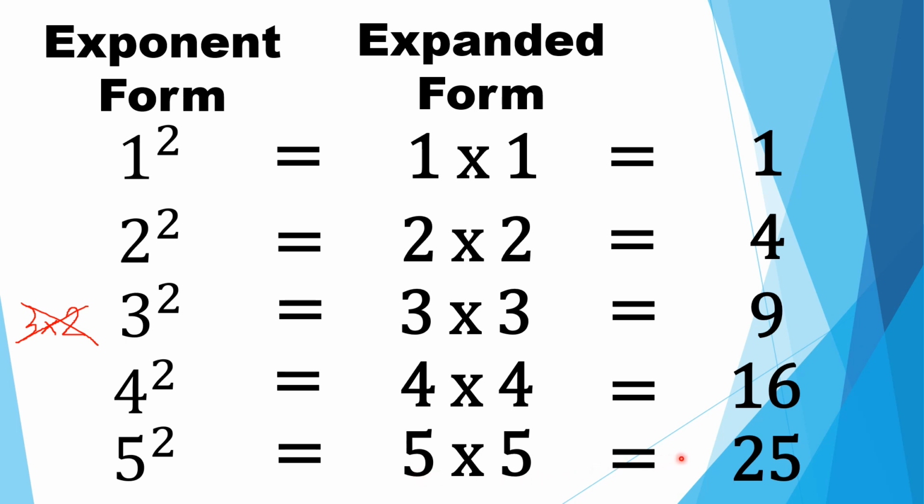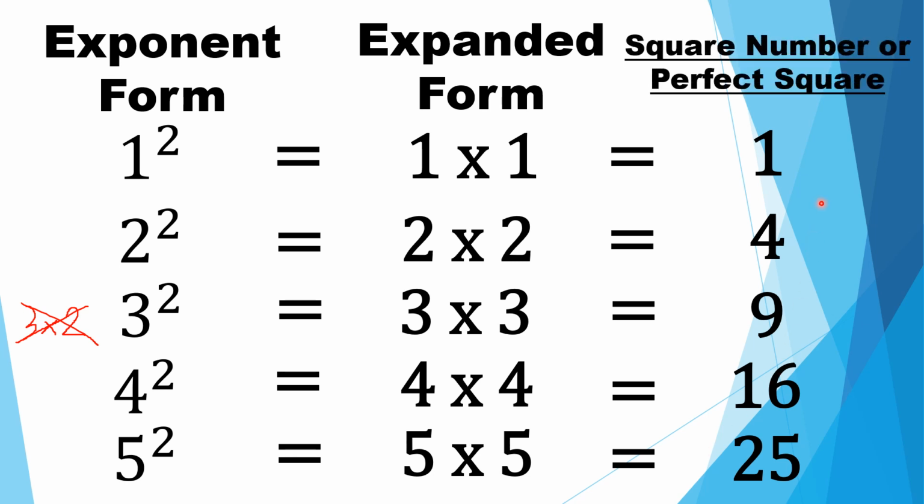These products are called square number or perfect square. A square number or perfect square is a number obtained when we square a number or when we multiply a number by itself 2 times.